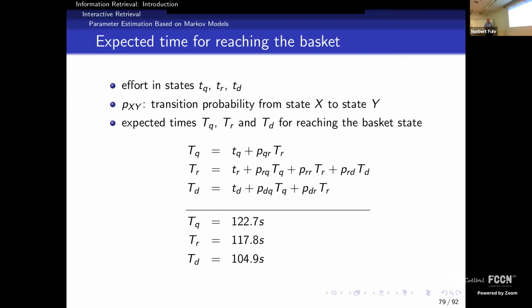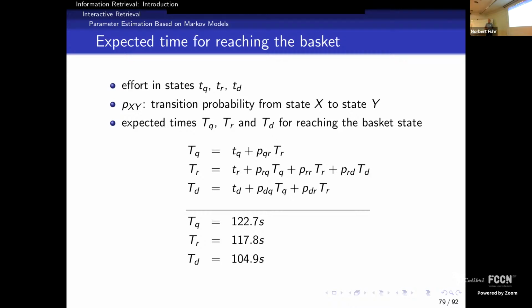And so that's a linear equation system. All the numbers here are given on the previous slide, and we solve it, and we get TQ is 122.7 seconds. For TR, it's 117.8, and TD, that's 104.9 seconds.